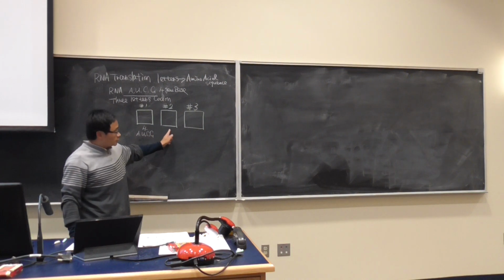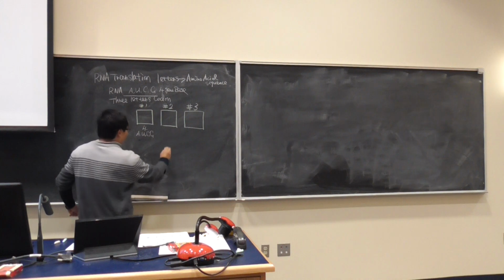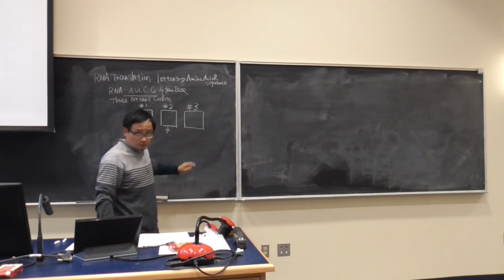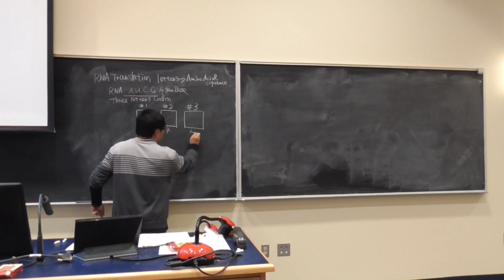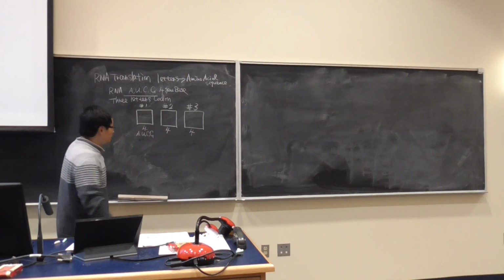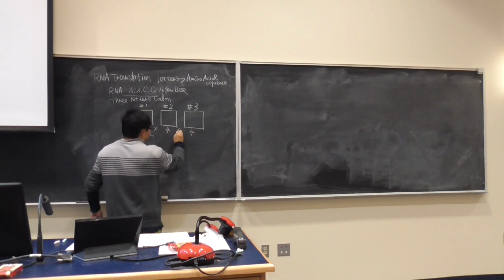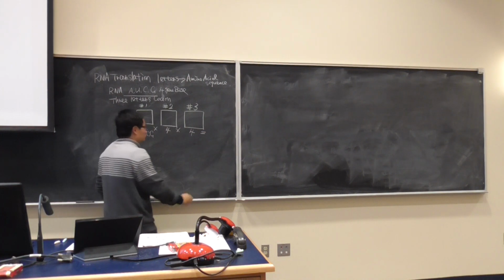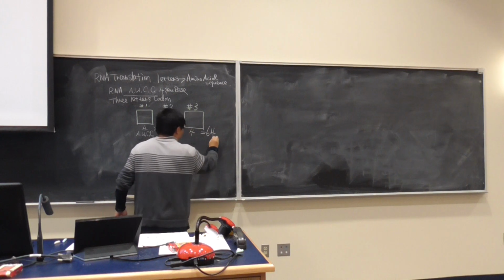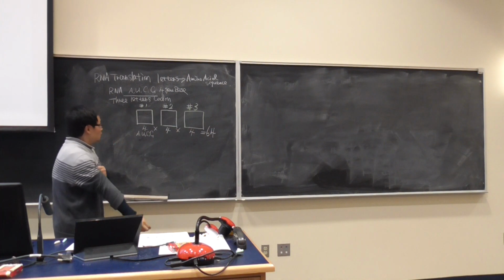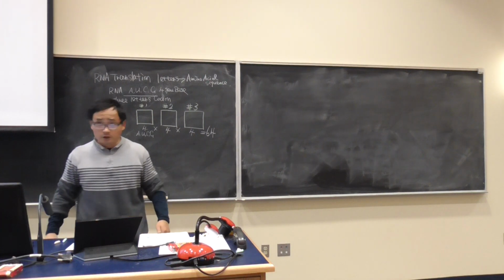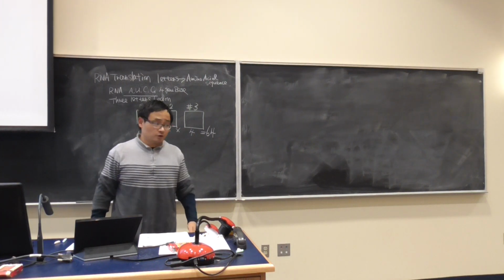How many possibilities in the second box? 4 again, is that right? How many in the third box? 4 again. So how many theoretically? 4 multiplied by 4 multiplied by 4 equals 64. Now, how many amino acids do we care about? Can you tell me? Yeah, 20.